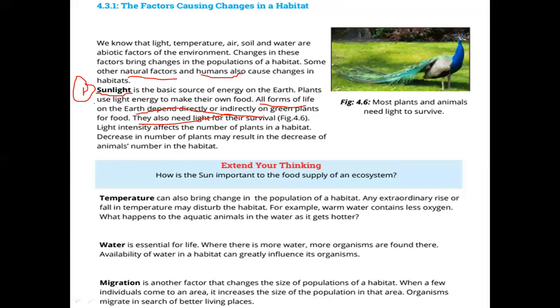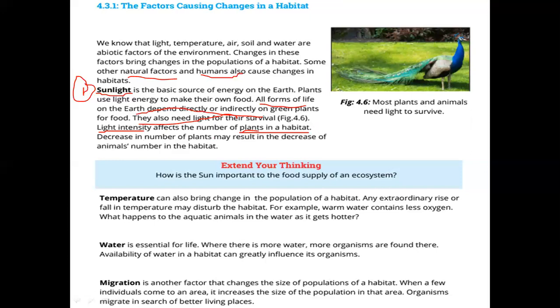So how does sunlight affect the functioning of the plants or other organisms? Light intensity: at night there is no light, or when it is cloudy there is less light, so less light is reaching the plants, which means they are doing less photosynthesis.